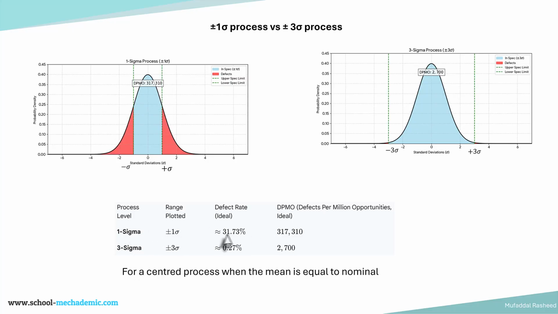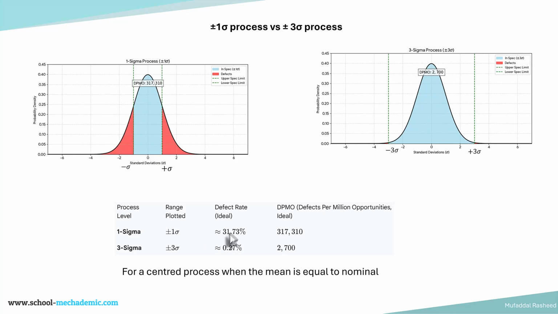So let's say you have a process which manufactures at plus or minus 1 sigma with the upper and lower specification limits as shown. The defects showing up in, let's say, 1,000 parts will be much higher in a 1 sigma process, but the defects in a 3 sigma process will be much lower, which is shown over here, a very small area.